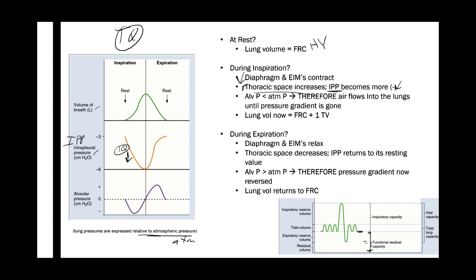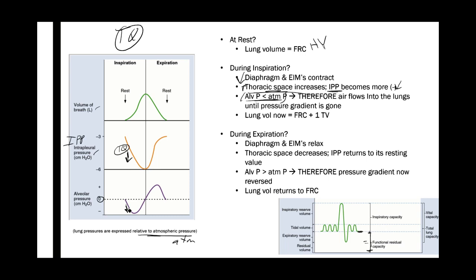At the same time, the pressure in the alveoli is decreasing relative to atmospheric pressure. And we see this here. Zero would be when the alveolar pressure is equal to atmospheric pressure. So during inspiration, the alveolar pressure drops relative to atmospheric pressure. Now that creates a pressure gradient. Air wants to flow into the lungs because there is a favorable pressure gradient for it to do so.